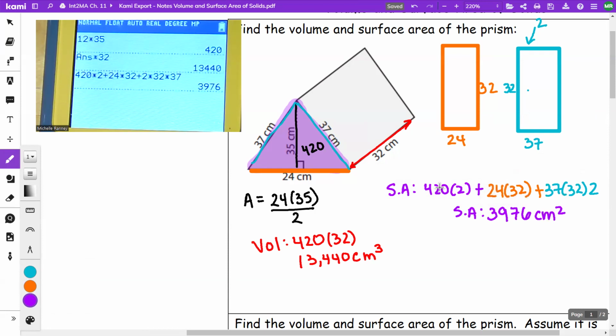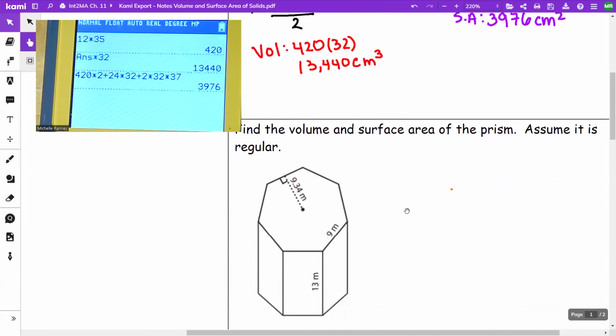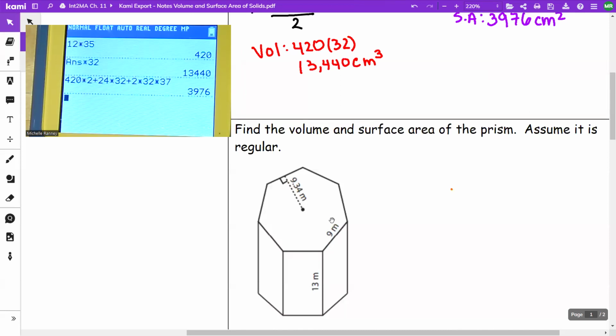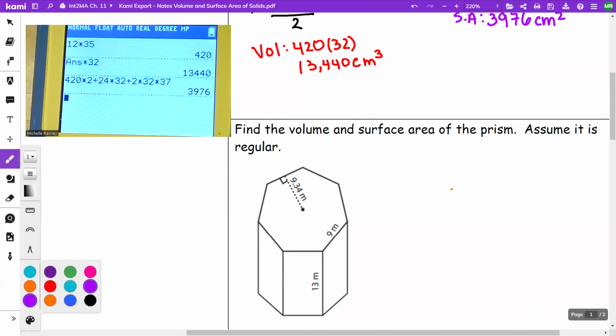For the next one, when you count, there's actually 7 sides here. So it's a 7-sided polygon, and it's regular. And the nice thing is they actually gave us the height of the isosceles triangle that makes up this.